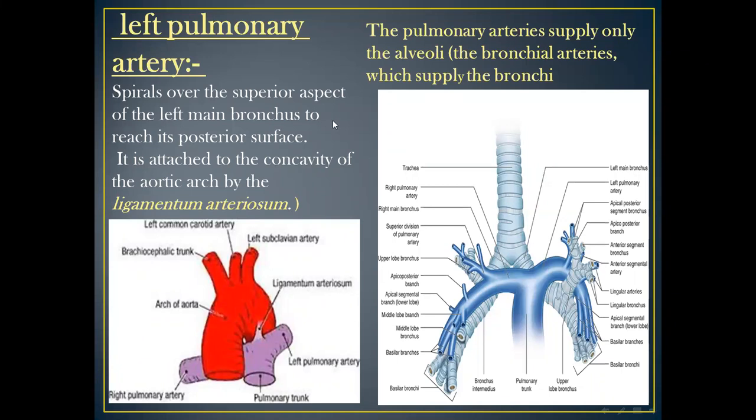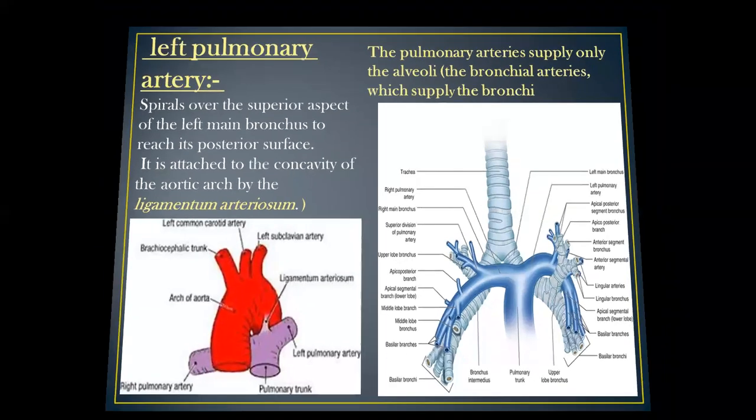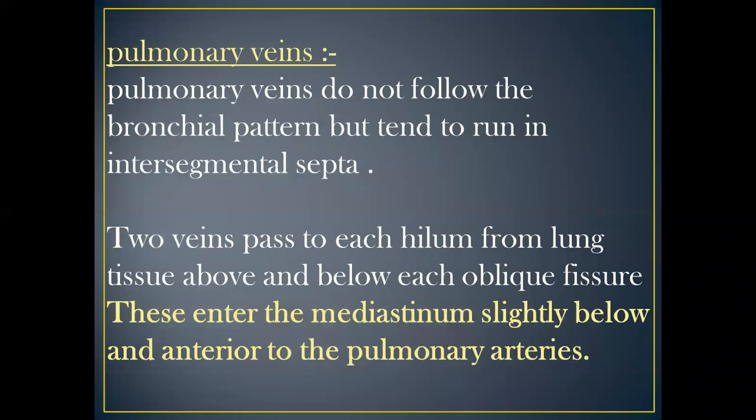The pulmonary arteries supply only the alveoli, while the bronchial arteries supply the bronchi. The pulmonary veins do not follow the bronchial pattern, but run in the intersegmental septa. Two veins pass to each hilum from the lung tissue above and below the oblique fissures.